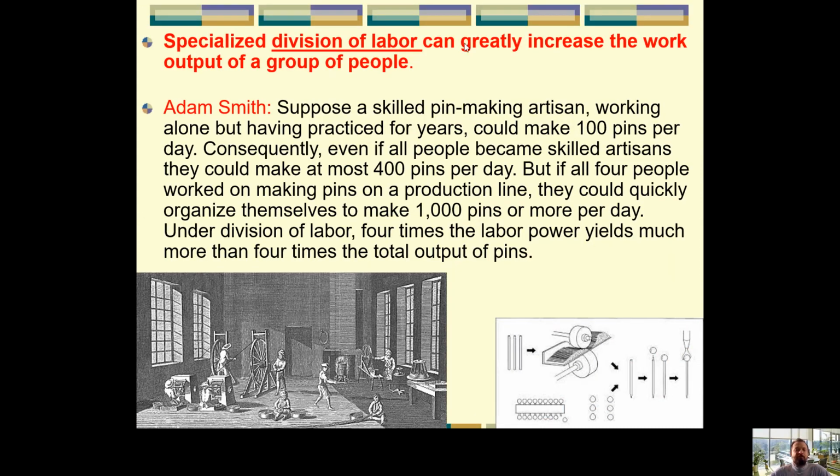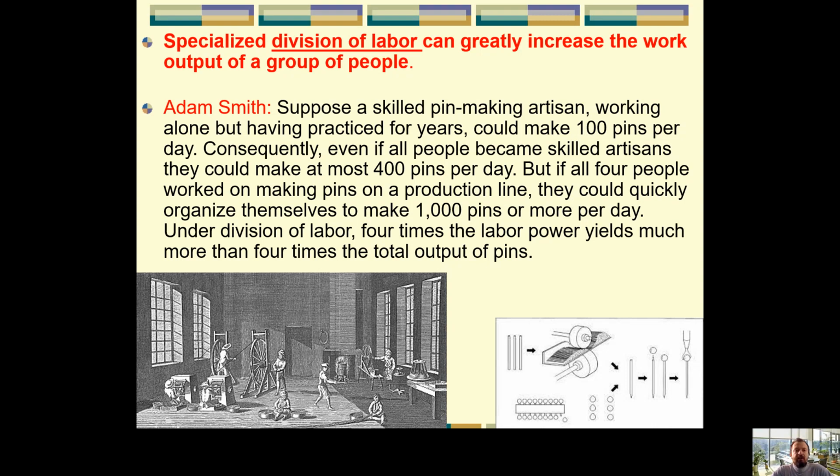I'd like to begin today's lecture with Adam Smith. Actually, I would say he was not the first, but he was the first who explained this phenomenon.